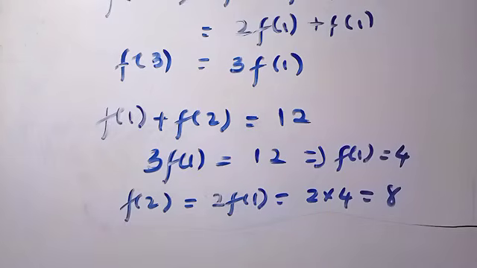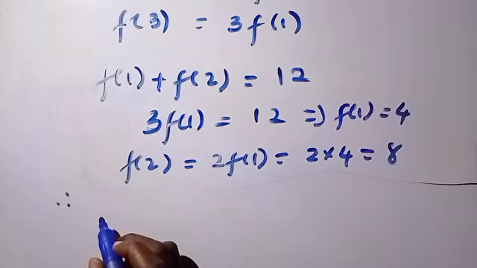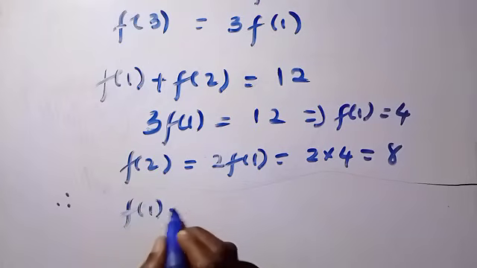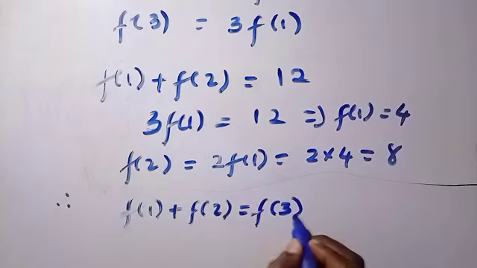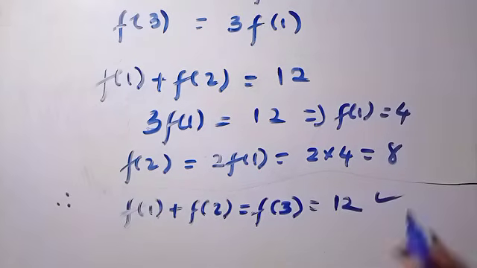We get f of 1 and we get f of 2. So if we are going for the addition part, for every f of 1 plus f of 2, which is f of 3, equals 12. 4 plus 8 equals 12. So this is correct.